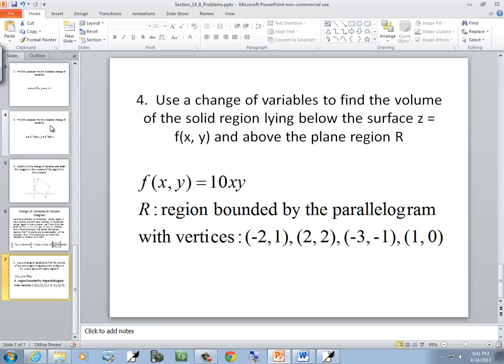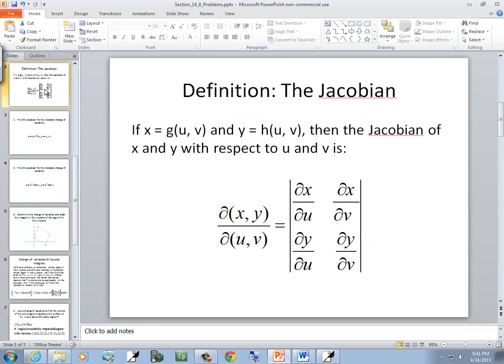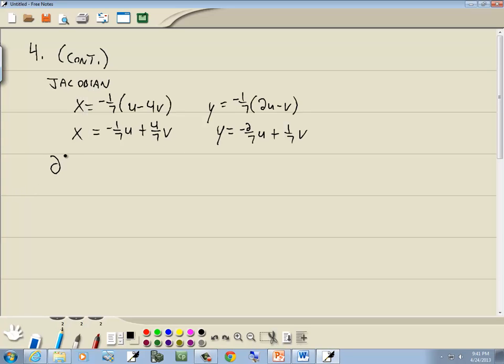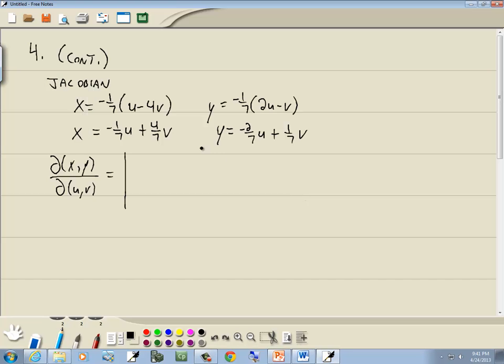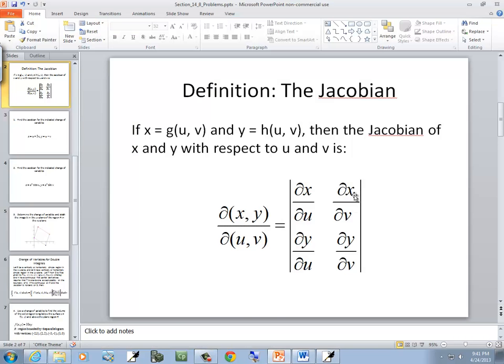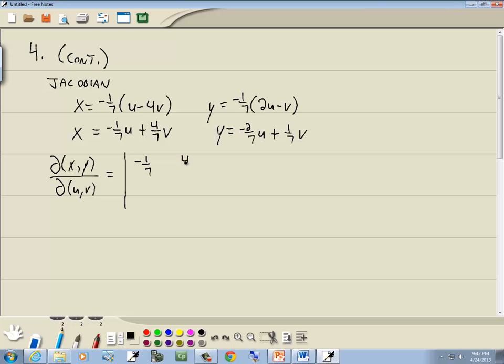Okay, so let's go look at our Jacobian. If I come up here, this is our formula for the Jacobian. So we're going to have the determinant. The partial of x with respect to u would be negative 1/7. Partial x with respect to v would be 4/7.